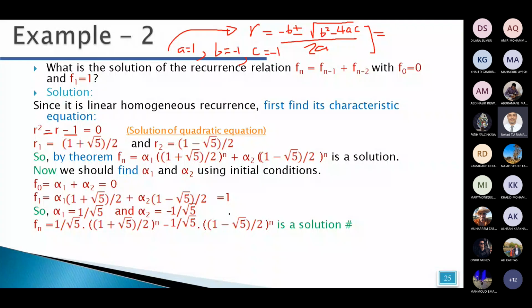So minus B, it's 1, plus or minus root of minus 1 power 2, it's 1, minus 4 multiplied by A, so minus 4 multiplied by 1 multiplied by minus 1, it becomes plus 4.